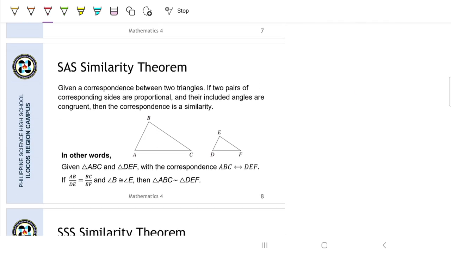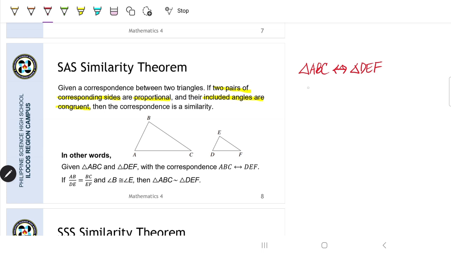For the next one, we have the SAS similarity theorem. If two pairs of corresponding sides are proportional, so take note, two pairs of corresponding sides should be proportional, and then the included angles are congruent, then by the SAS similarity theorem, the two triangles are similar. Again, we have the correspondence between ABC and DEF.